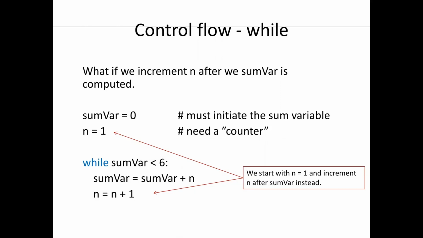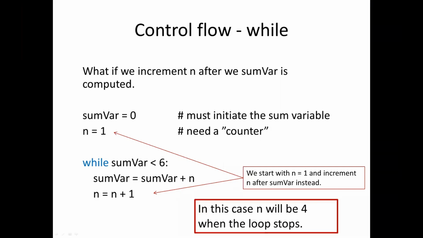But what value will N have when this loop stops? Pause the video and try to figure out what the difference will be compared to the previous version of the loop. What happens in this case is that N is incremented after SumVar is updated.